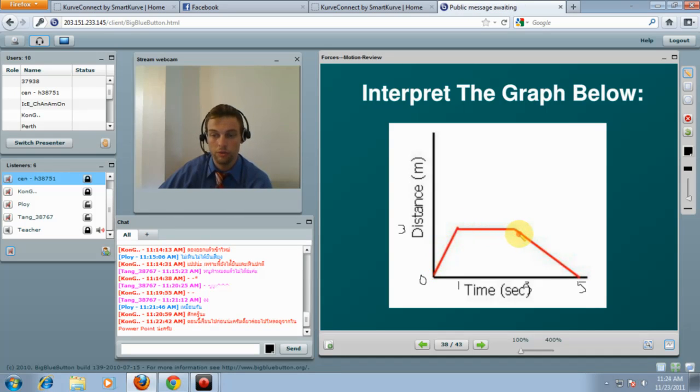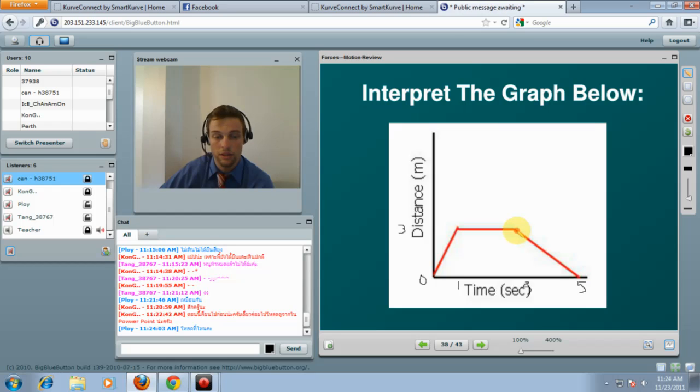From 1 to 3, distance is not changing, but time is changing, so we know that that's an object at rest. And then from 3 to 5, the object is now coming towards you. Say you're at 0, and the object is coming towards you from 3 meters. So this would be kind of like a yo-yo.